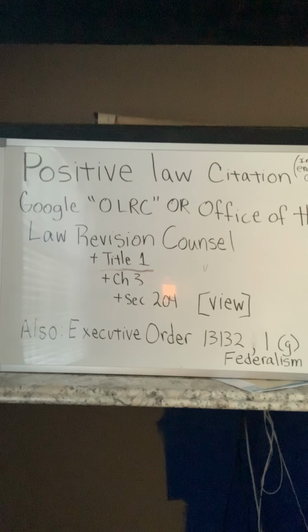This title has been made positive law by Section 1 of Act July 30, 1947, Chapter 388, 61 Stat. 633, which provided in part that Title 1 of the United States Code, entitled General Provisions, is codified and enacted into positive law and may be cited as 1 USC section, whatever section you're citing. So if you like, you can go there and do that.